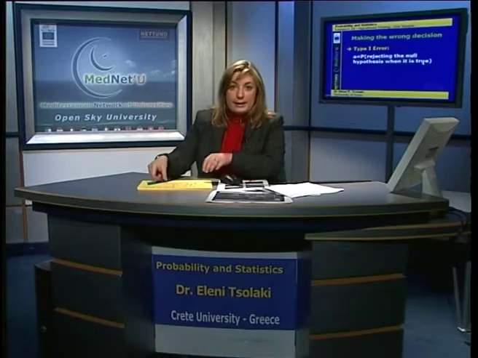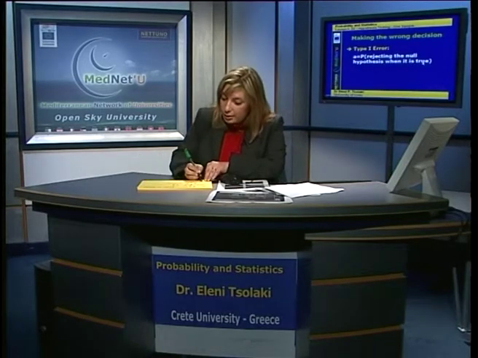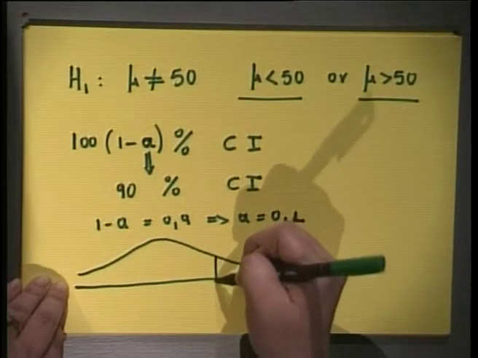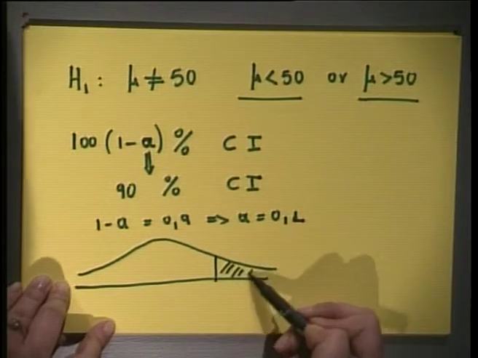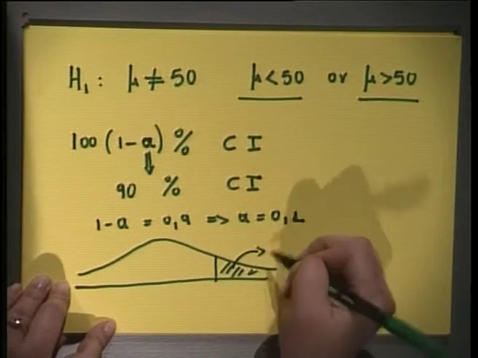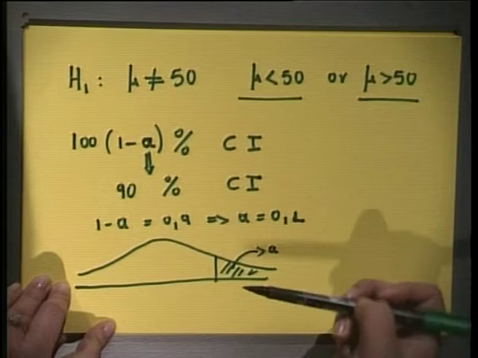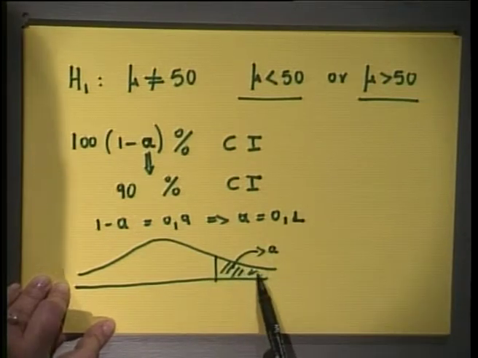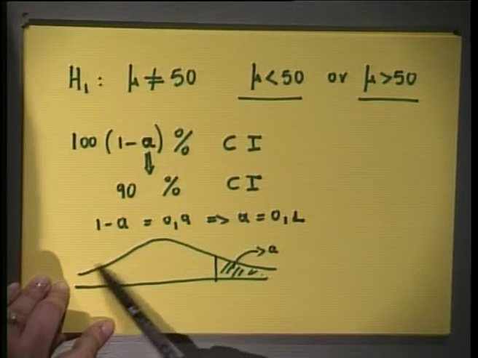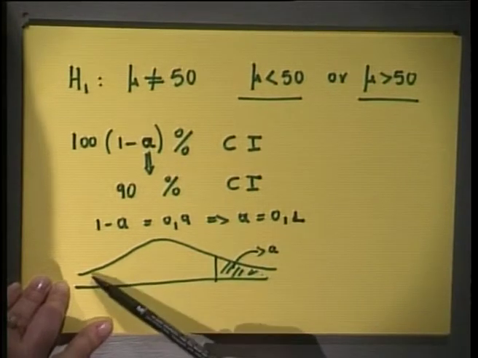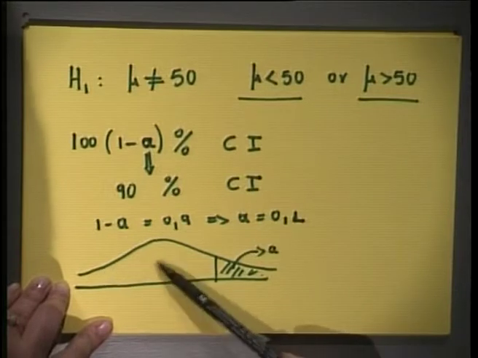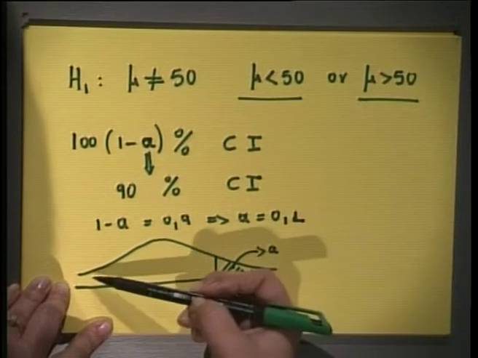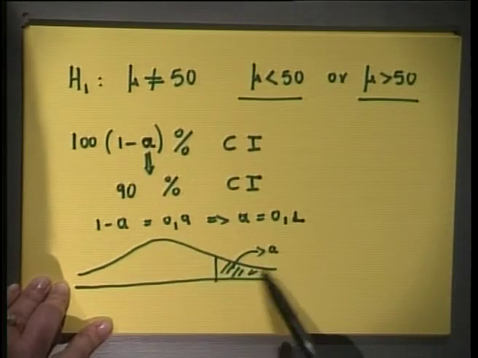We are going to make a graph to understand this. So a, as we have said, will be this area here. It is the probability of actually rejecting our hypothesis, although we are working with a population that comes from this distribution.